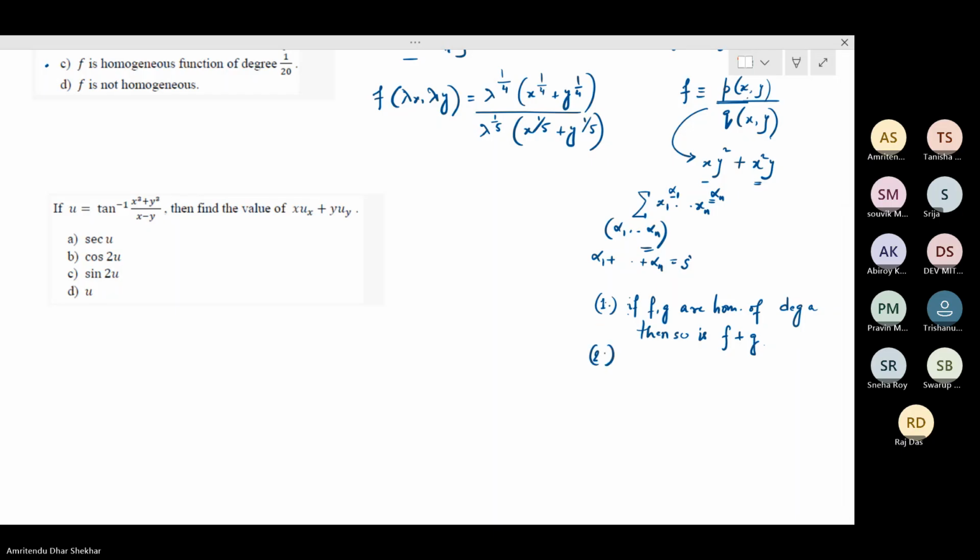If f and g are homogeneous, not necessarily of degree a, they could be of arbitrary degree, then so is fg or f by g. Okay.